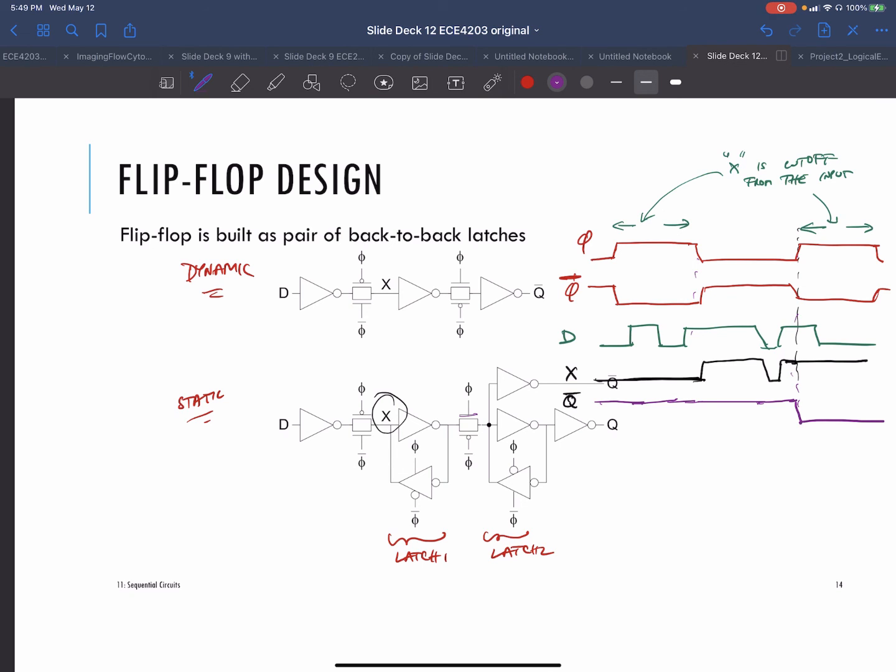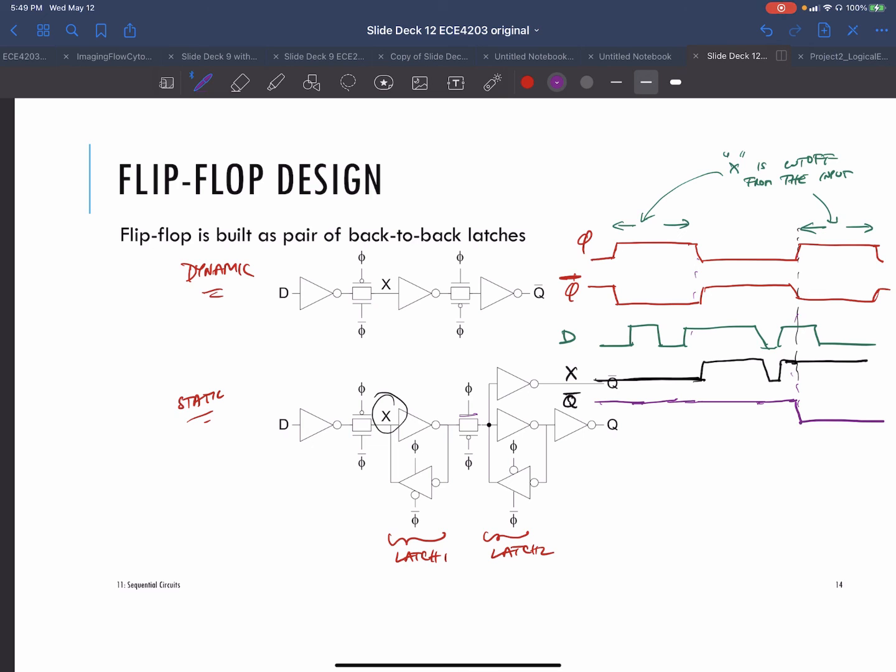Okay, so basically what happened here is that only during a rising edge does whatever value D had affect what happens at the output.